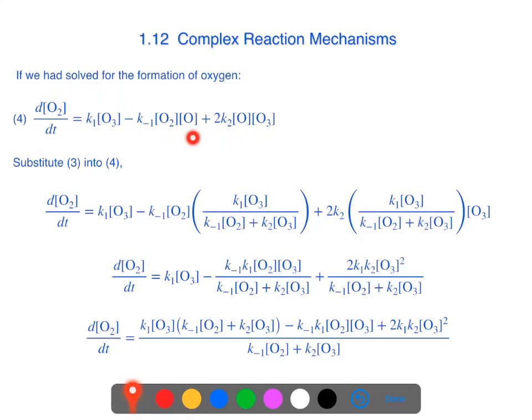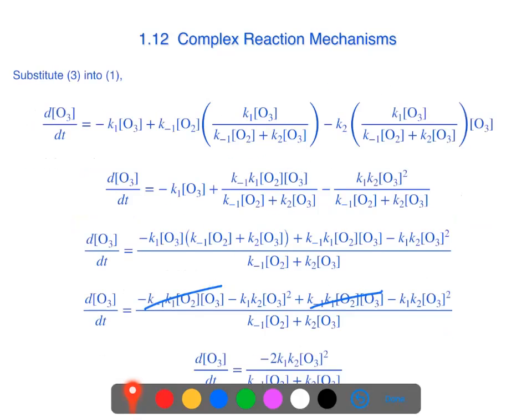It's consumed in the second step, K minus 1, dependent upon O2 and atomic oxygen. And in the third step, it's actually formed twofold. This is an elementary reaction step, but every time atomic oxygen and ozone react to give you oxygen, it actually gives you 2 equivalents of oxygen. So 2 moles of oxygen are formed in each elementary step.